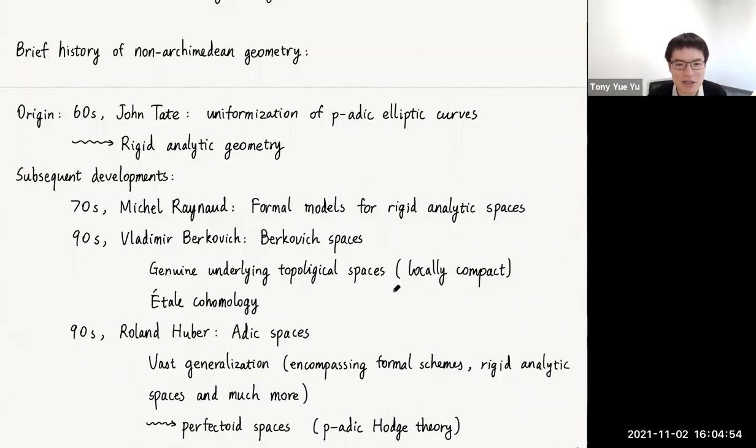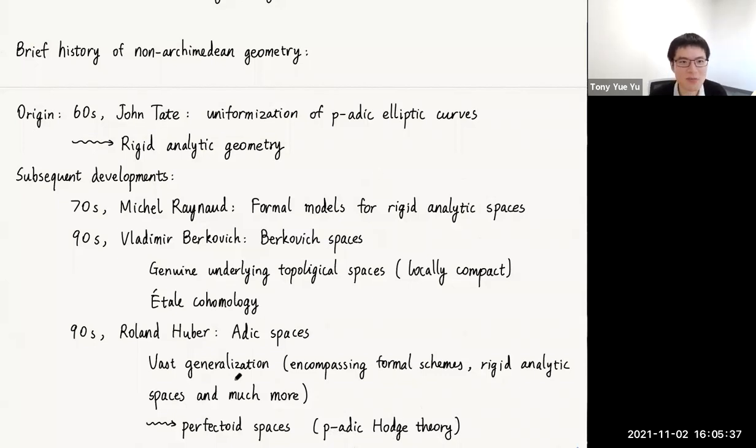Thanks to this new idea, Berkovich was able to develop the theory of analytic homology for rigid analytic spaces. A little bit later, Roland Huber introduced the notion of adic spaces. This is a vast generalization encompassing formal schemes, rigid analytic spaces, and much more. It is also a foundation for perfectoid spaces, which have found remarkable applications in p-adic Hodge theory.